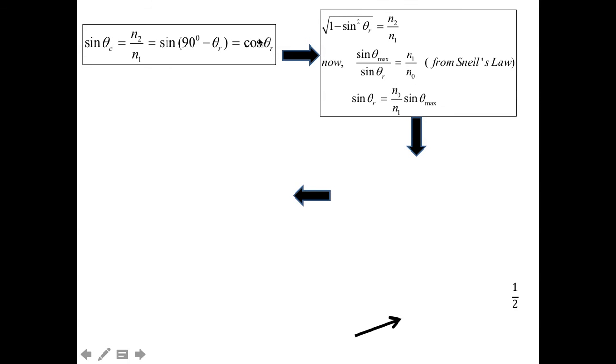Now the equation is sin theta c equals n2 upon n1. So you can write sin theta c as sin(90 minus theta r). You can write it like this, and sin(90 minus theta r) is cos theta r, right? And cos theta r you can write as root of 1 minus sin square theta r, which is equal to n2 upon n1.